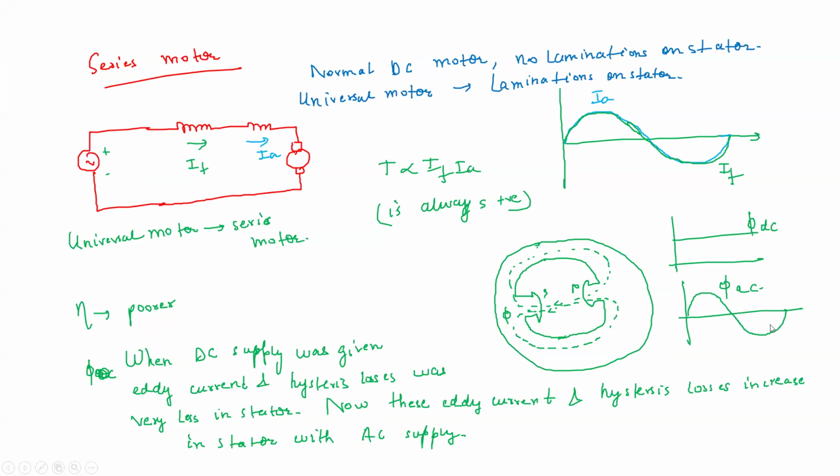Whenever you give a time varying flux, eddy current and hysteresis loss increase in the stator, and hence you need laminations. So there may be questions: in a universal motor, what is the nature of flux, or are there laminations on the stator, on the rotor, or on both stator and rotor? These kind of theoretical questions can come. That is why I'm discussing this topic now.